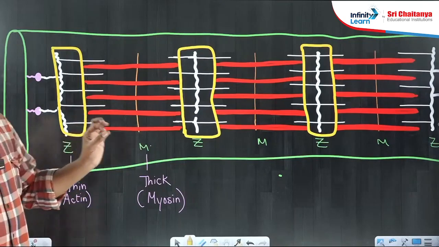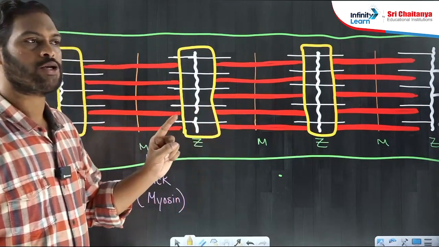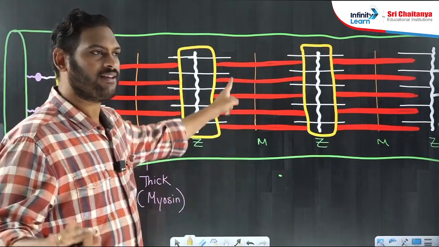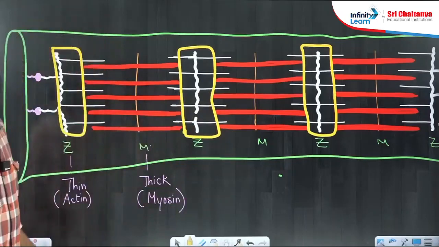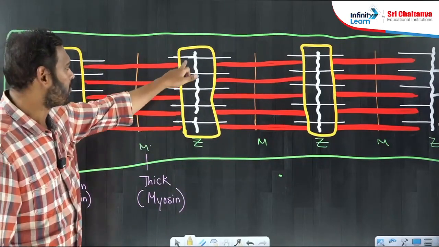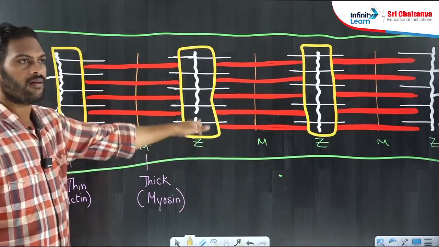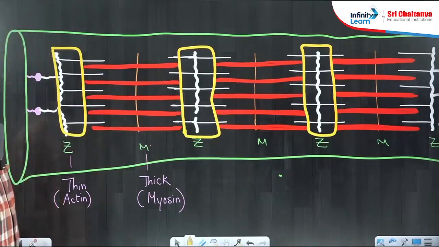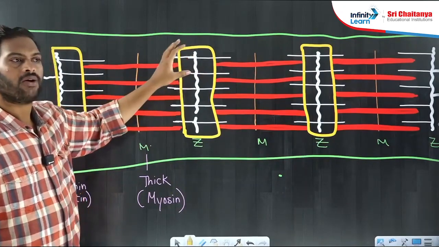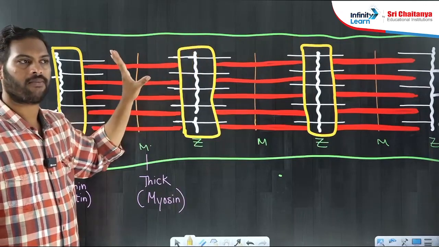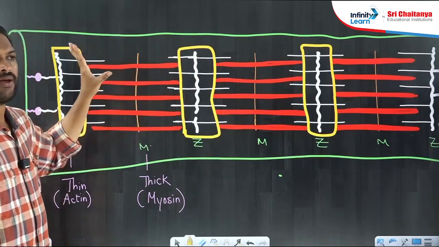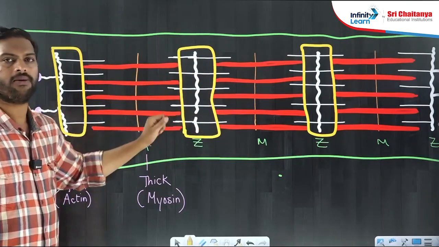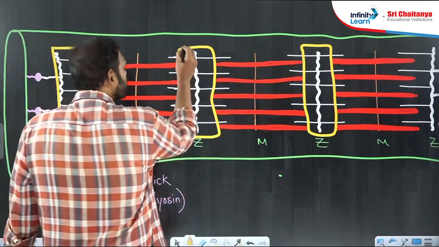That was the part where you see Z line attached to thin filament, and the thin filament was not overlapped by thick filament, isn't it? There you see only thin filaments, right? Near Z lines, what you see was only thin filament. Okay, understood?